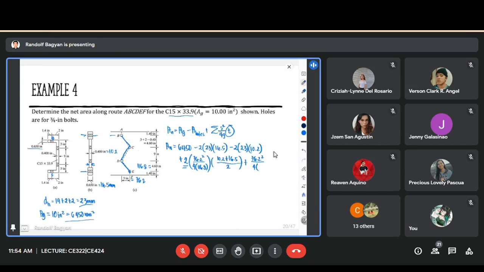The gauge of CD, that's 9 inches or 9 times 25.4, 228.6, multiplied by the thickness of our flange, because this is C and this is D. That's 10.2. Alright, now that is the net area.